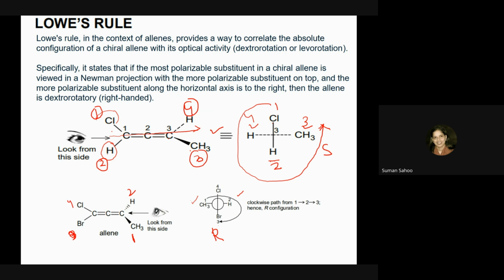So what about this lowest rule, and how is it connected to the Cotton effect or optical rotation? According to this, first you have to write down the projection. In this case, just check this molecule.